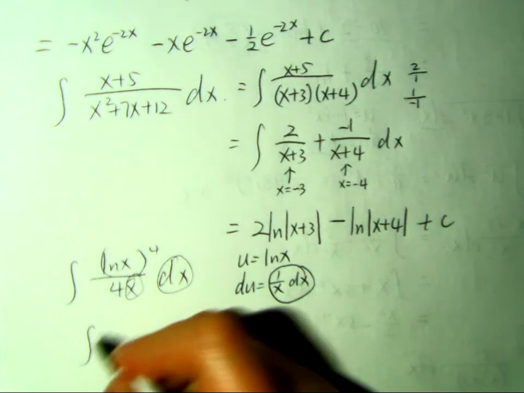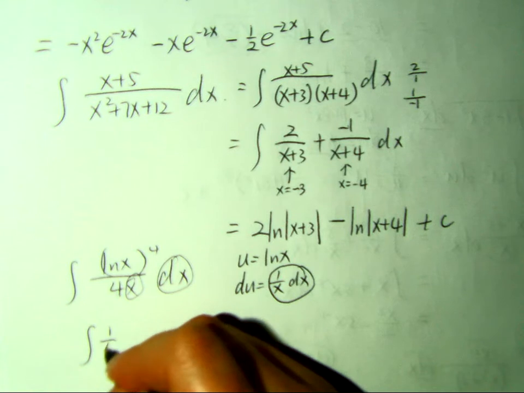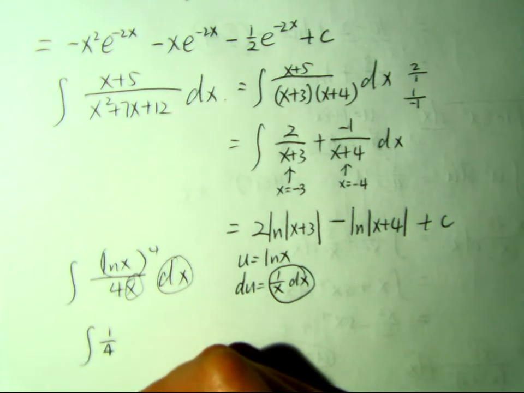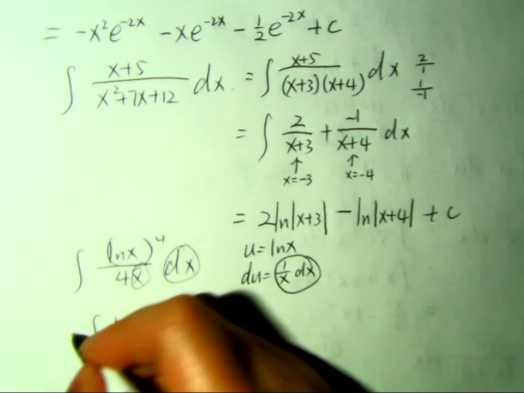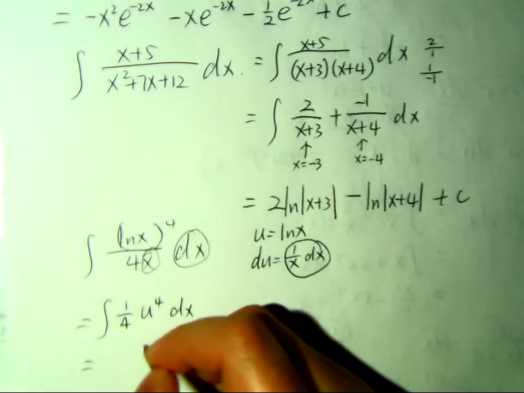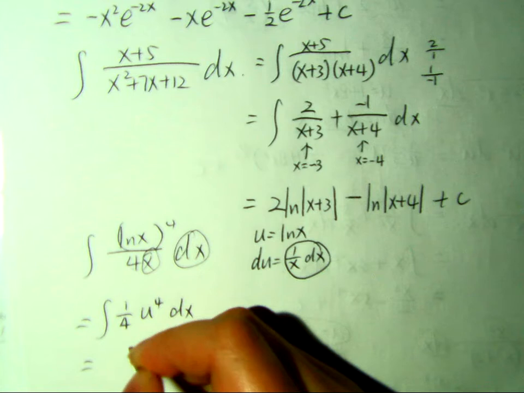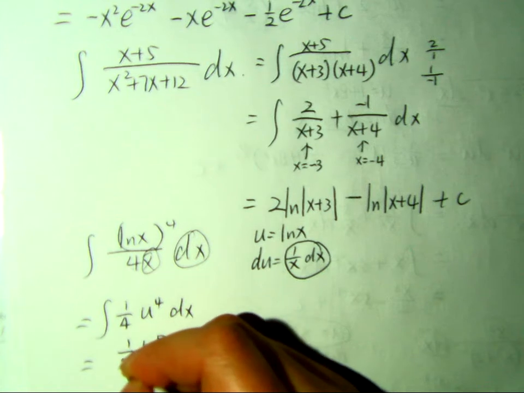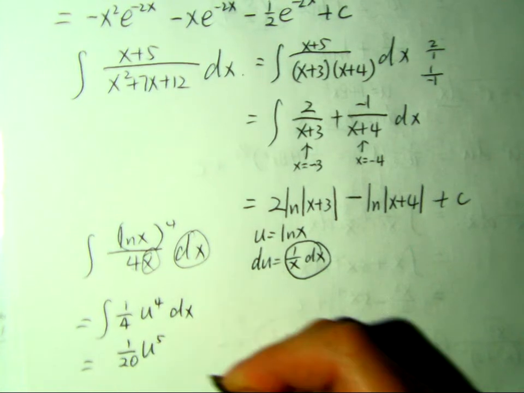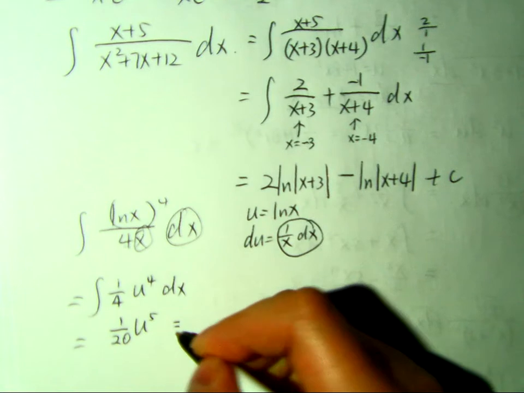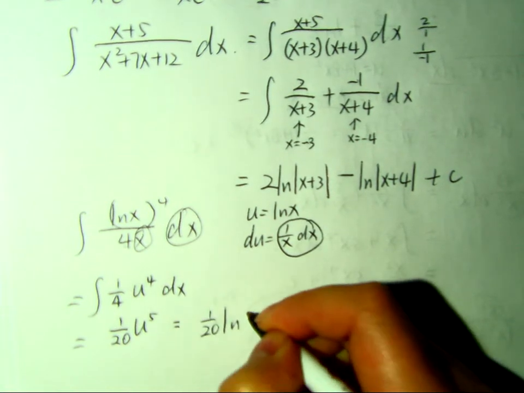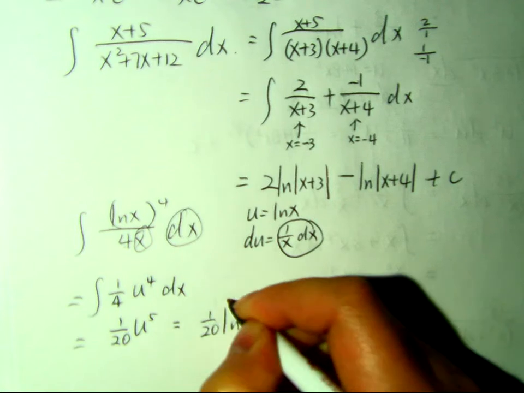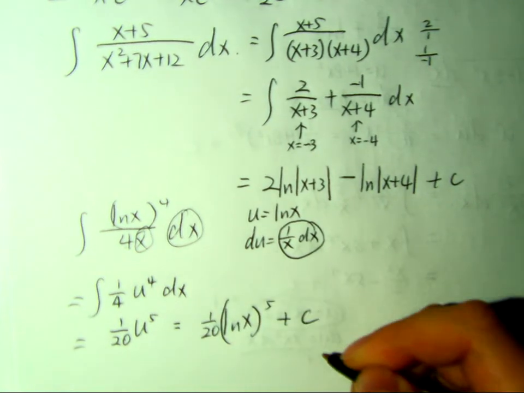We just keep what we have. 4 is on the bottom, so actually that will be 1/4. And this will be u power 4. And by doing the power rule, it will be u power 5 over 5 times 1/4. So this will change to 1/20. And the last step, just change your u back. So 1/20 natural log x power 5. And the plus c.